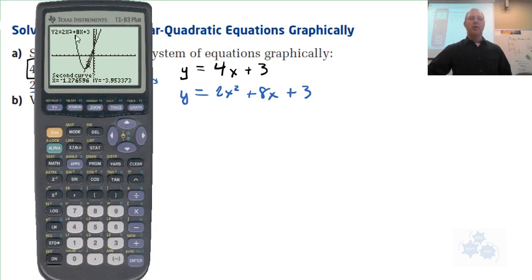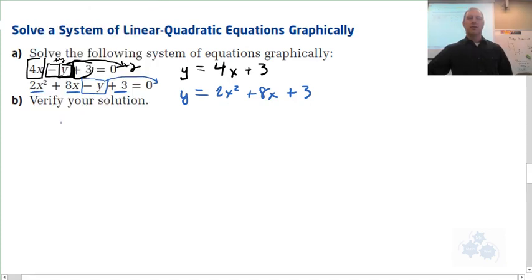It then pops over to the second curve, you say yes. Now the guess: move your cursor close to the intersection point that you want, because there are two. Let's move it closer to the one near the bottom. When you hit enter again, it should calculate the intersection point at negative 2, 5. Okay, so negative 2, 5.